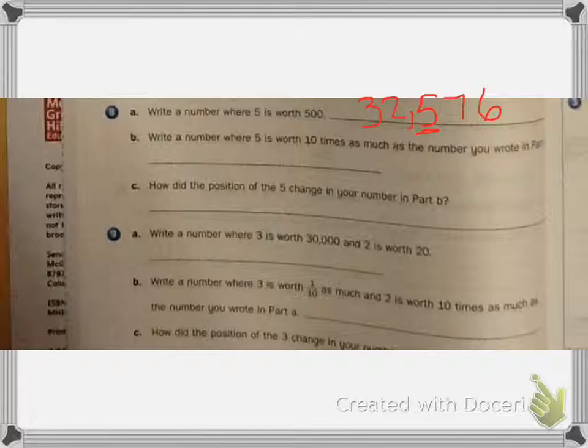So now, if I multiply that number by 10, I'm going to have 325,760 because I multiplied it by 10. How did the position of 5 change in your number in part B? It moved to the left. We increased. Try 9 on your own.